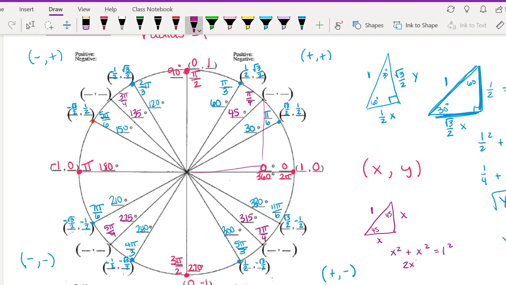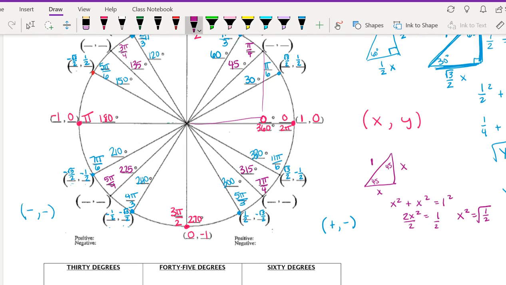That's 2x squared is equal to 1. Divide by 2. And so we get x squared is equal to 1/2. If I take the square root of both, I get 1 over the square root of 2.